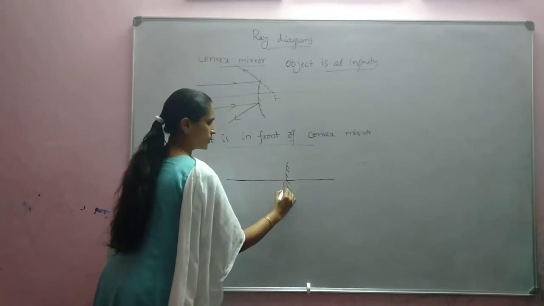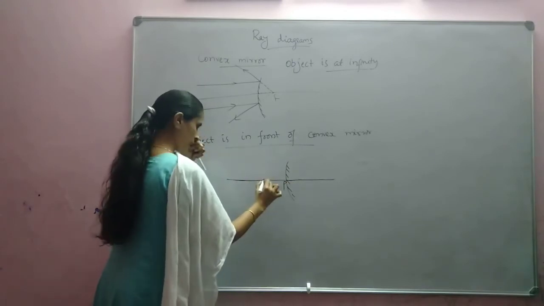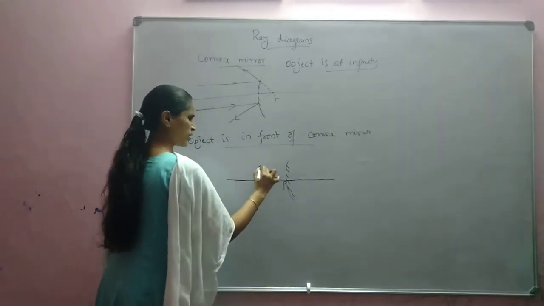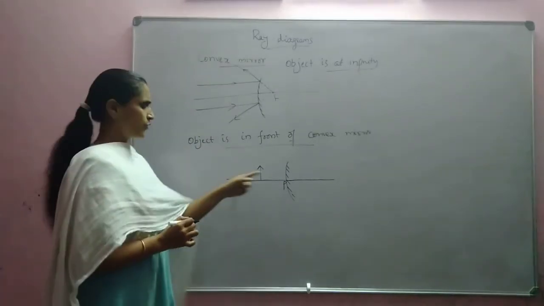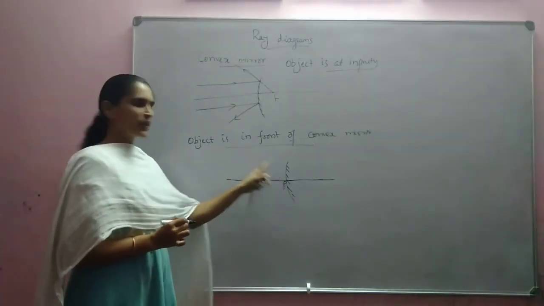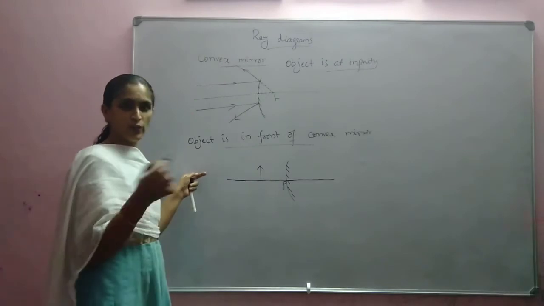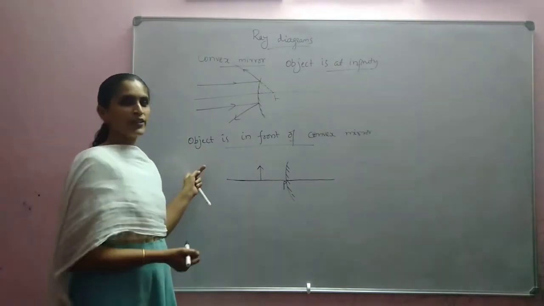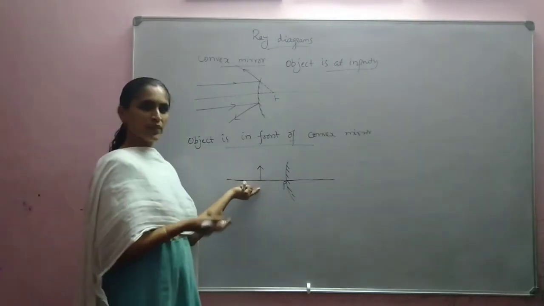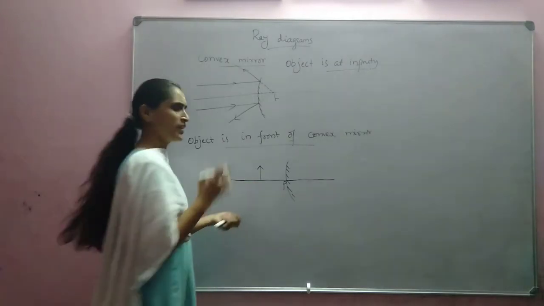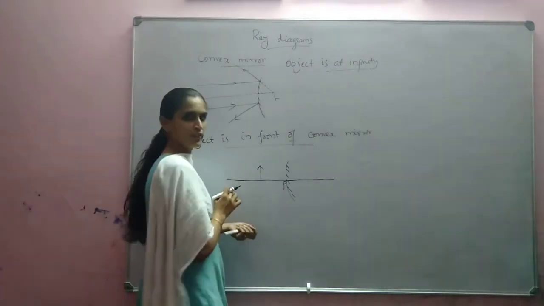Our pole. So we are keeping an object somewhere here. Anywhere, it does not matter. If you want, you can keep it very close to here or very far away from here, and you can draw and check. Here I am considering just one position. Any position in front of the convex mirror you can consider.